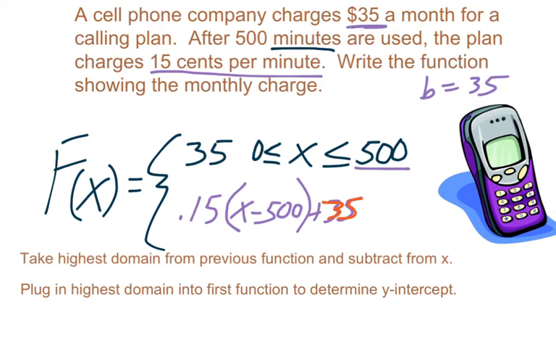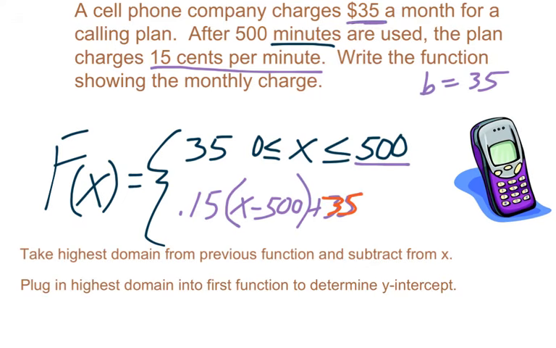And now I need to determine the domain that that's good for. The company's going to want my money, so I can talk as much as I want in that given month, for the most part. I guess the only restriction is how many minutes are in the month, but we don't need to be that specific with our answer.